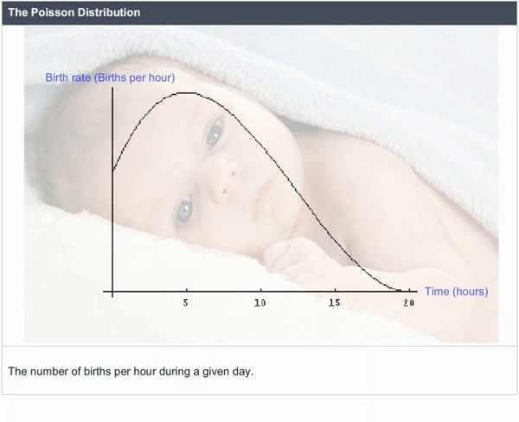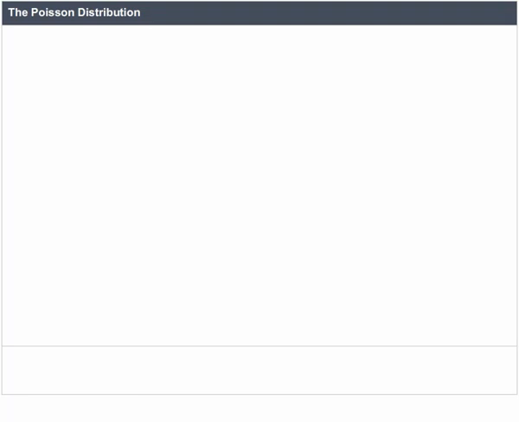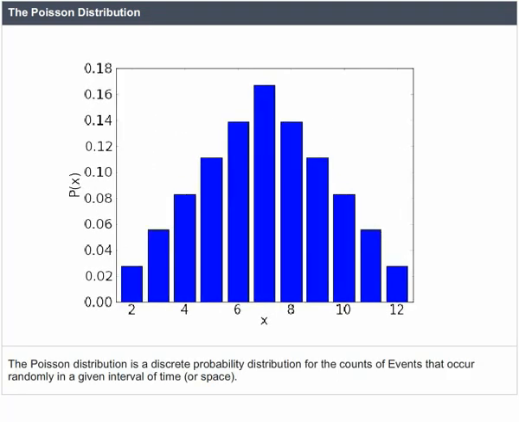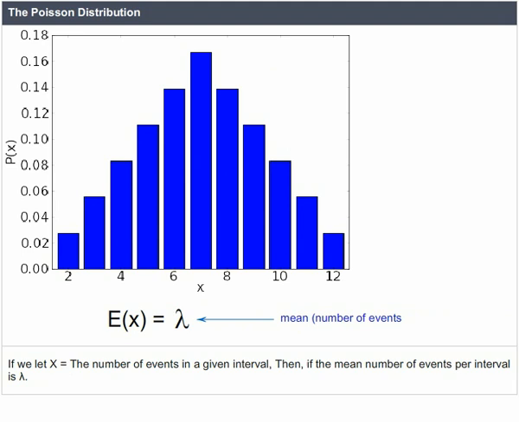The Poisson distribution is a discrete probability distribution for the counts of events that occur randomly in a given interval of time or space. If we let x equal the number of events in a given interval, then the mean number of events per interval is lambda.